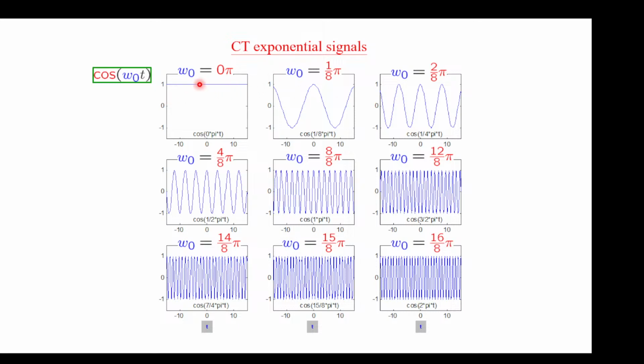Once again, for continuous time, if you increase your omega naught, your signal oscillates faster and faster. We have omega naught equal to 0, pi over 8, 2 pi over 8, and so on, all the way to 16 pi over 8, and you see your signal oscillating faster and faster.